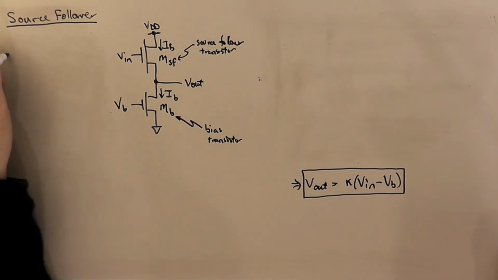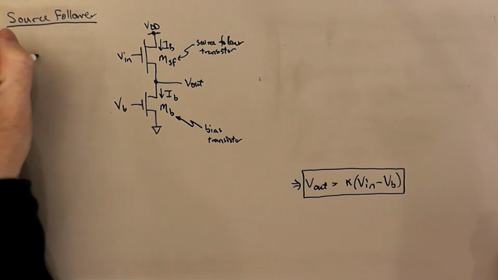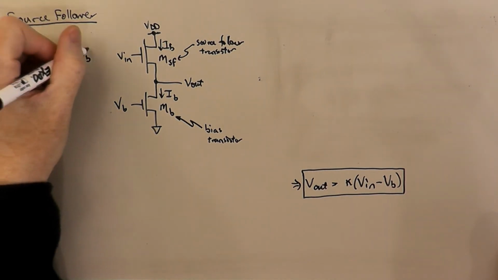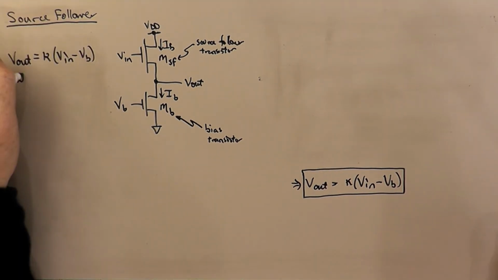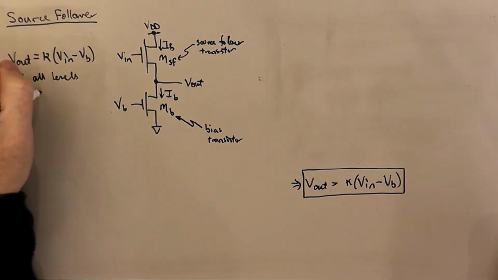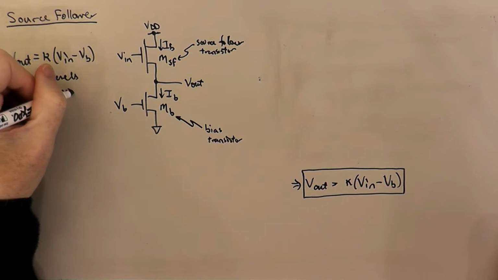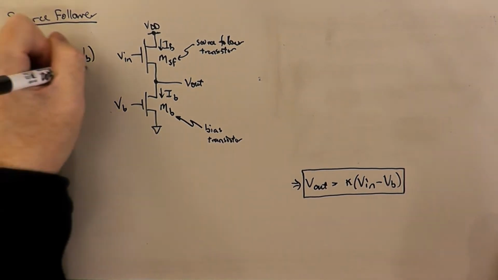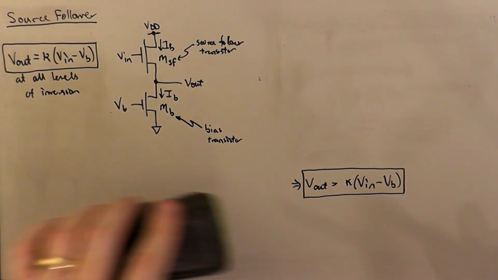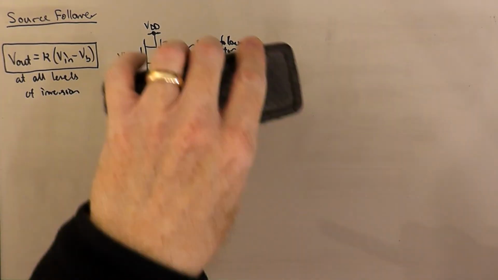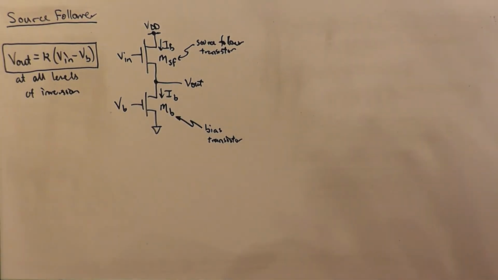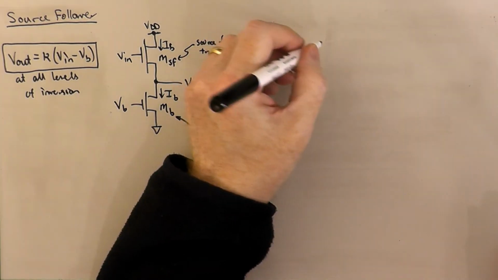So we have Vout equals kappa times Vin minus VB at all levels of inversion. So we assume the EKV model, which holds for all levels of inversion, and we found a result which holds then for all levels of inversion.